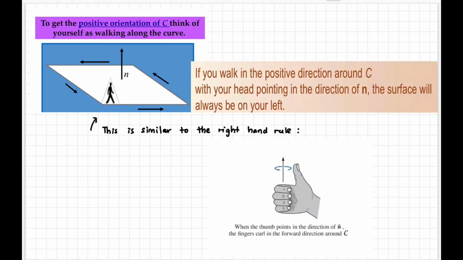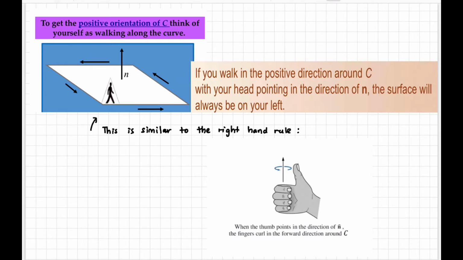To get the positive orientation of C, think of yourself as walking along the curve. Let's say this is the curve. If you walk in the positive direction around C, with your head pointing in the direction of N, so this is your N, the surface will always be on your left.